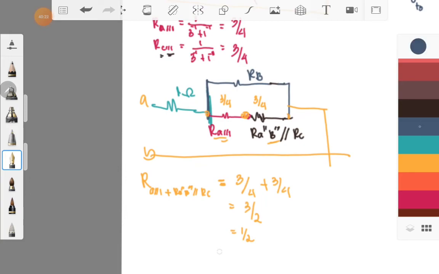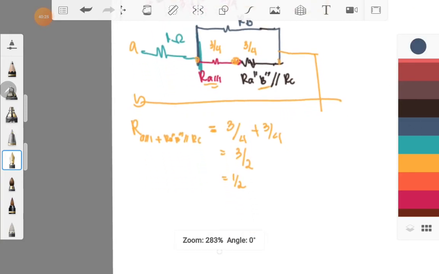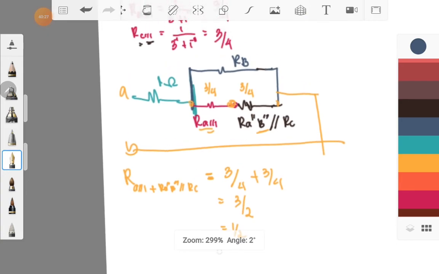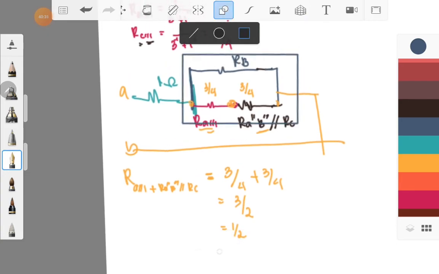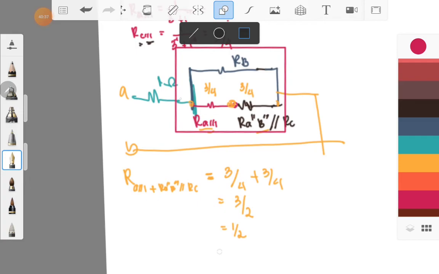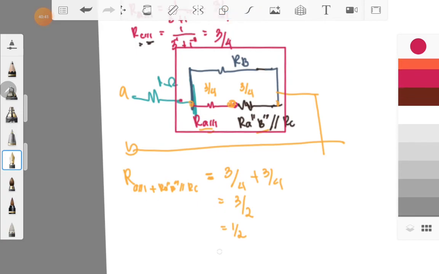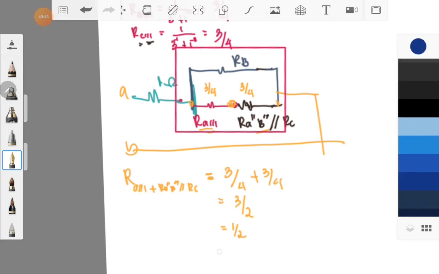So therefore, I may say that the total resistance of this terminal, let's say this will be my terminal. Let me get another figure so you can see. Let's say this will be our terminal CD, RCD.